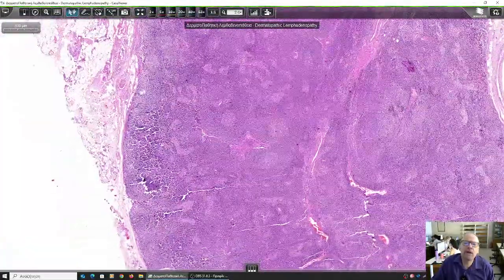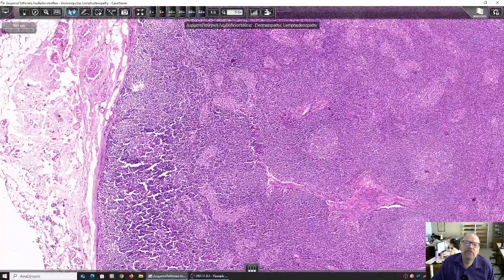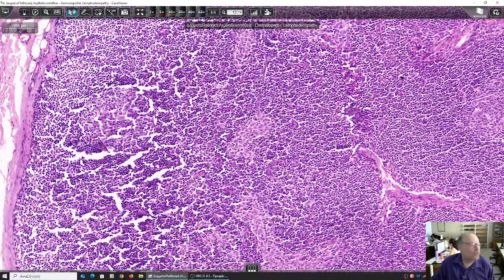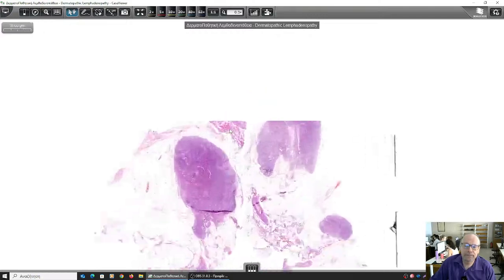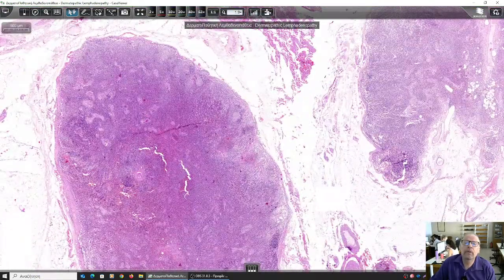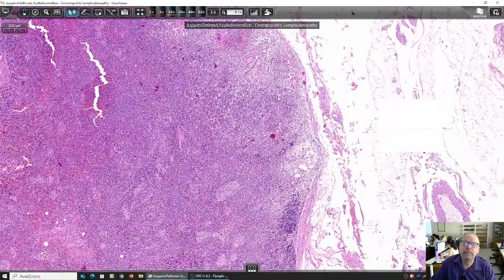All right. Then we look at the T zone. Which is the T zone? The T zone is the one between one lymphoid follicle and the other. This is the place where we have the T cells. So, what do we see here?